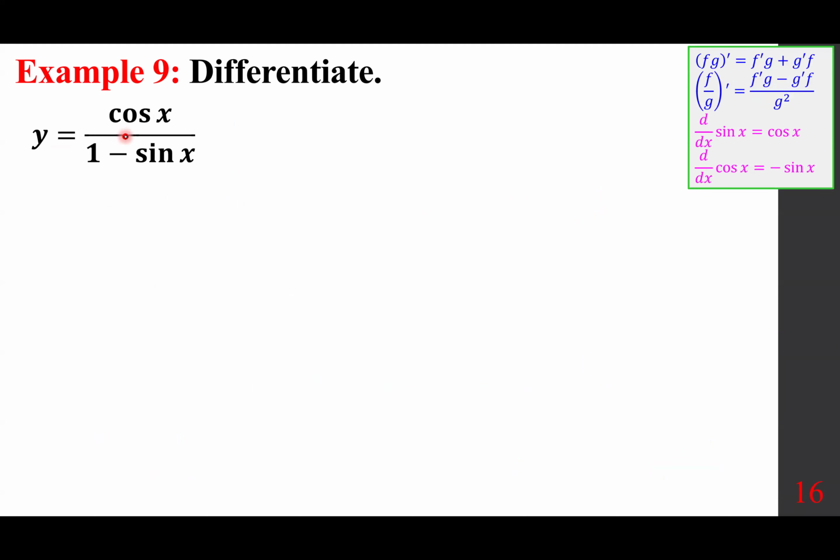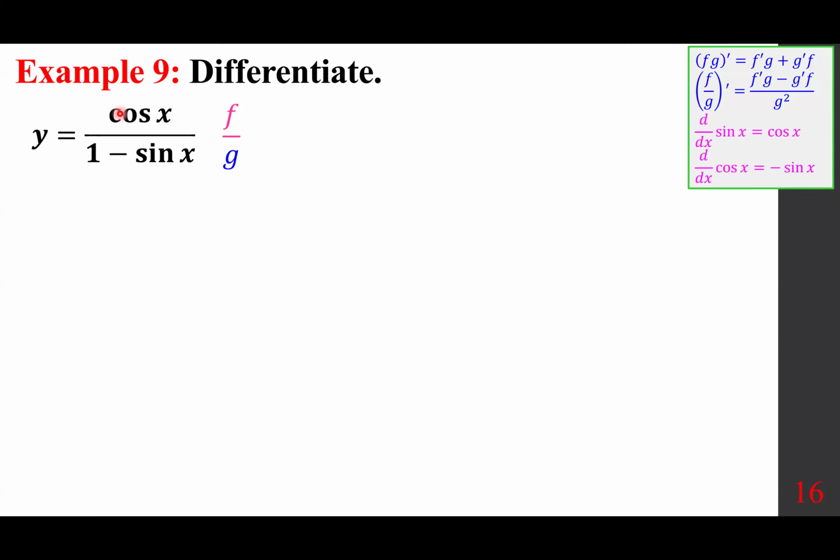y equals cosine x over 1 minus sine x. We notice a fractional expression, we call it f over g, and we follow the quotient rule again. y prime is f prime g minus g prime f over g squared.